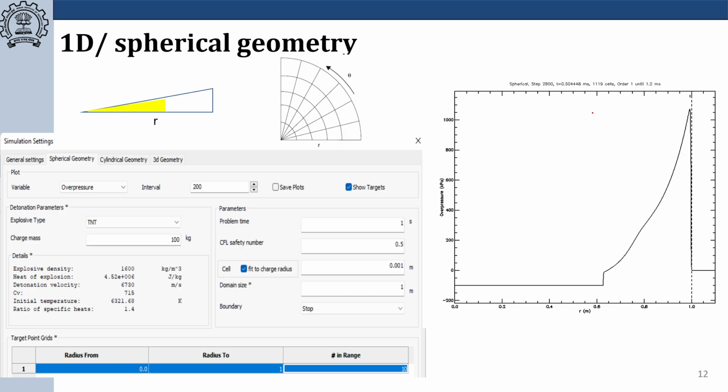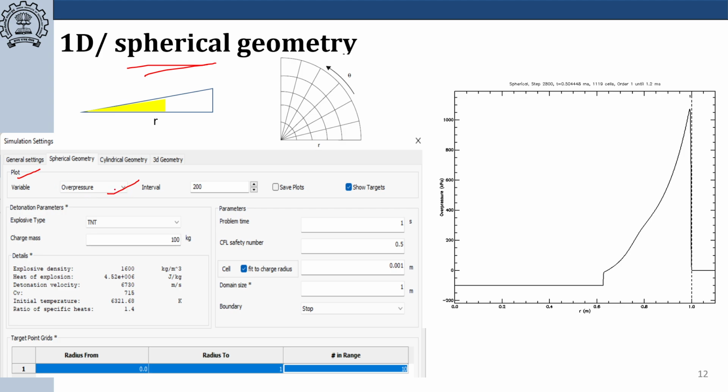And coming to the spherical setting, spherical geometry. If you want to start the simulations, you will be using the spherical geometry as we have previously discussed. In spherical geometry, you have three options, say plot. In the plot variables, when you are starting the simulation, what variable you want to see? It is overpressure, velocity, density, temperature.